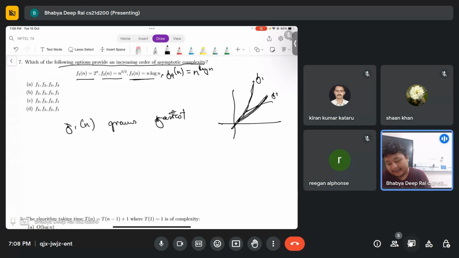You can take a very large example. I always find that to be the most helpful. So take a polynomial from here, let's say n to the 3 by 2, and 2 to the n.